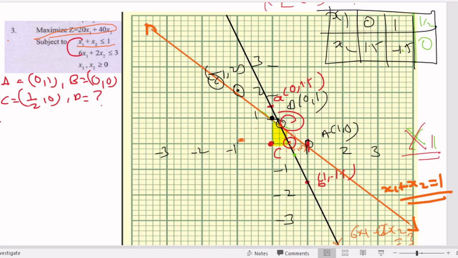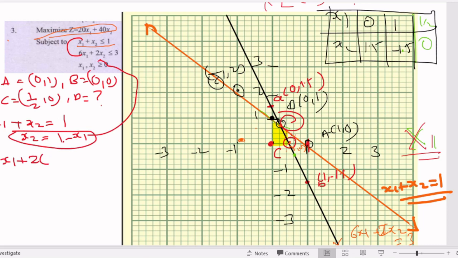Rather than solving simultaneously, I'll do one thing. This first equation says x1 plus x2 equal to 1. I'll substitute x2 equal to 1 minus x1 in the second equation, 6x1 plus 2x2. So what is x2? x2 is 1 minus x1, equal to 3.